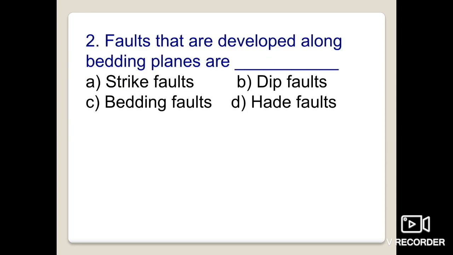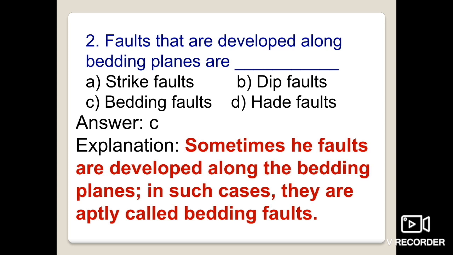Next one is faults that are developed along bedding plane. Faults which develop along the bedding planes, what are they called? So these are known as bedding fault. A bedding fault is one which occurs along a contact between beds of different or the same lithologies.